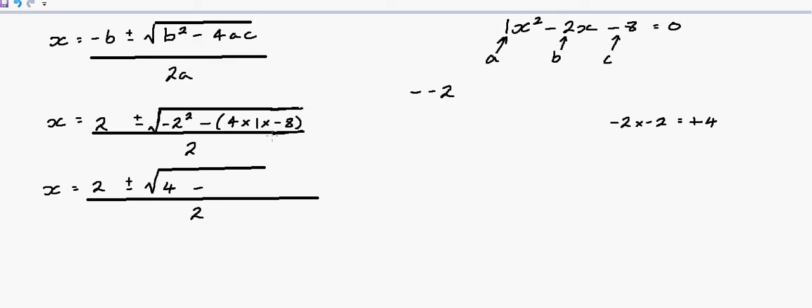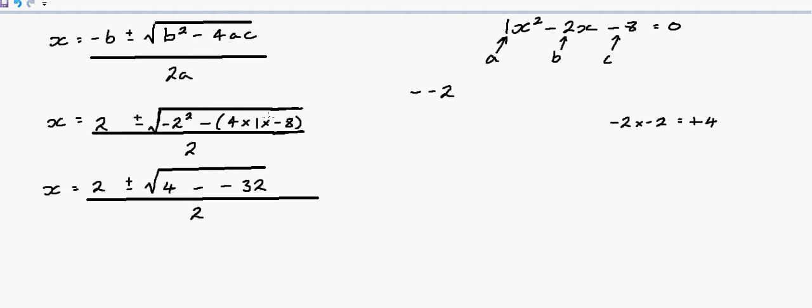Minus, now 4 times 1 is 4. 4 times 8 is 32. But plus times a minus is -32. I'll just go through that again. So we've got 4 times 1 is 4. So remember that's +4.